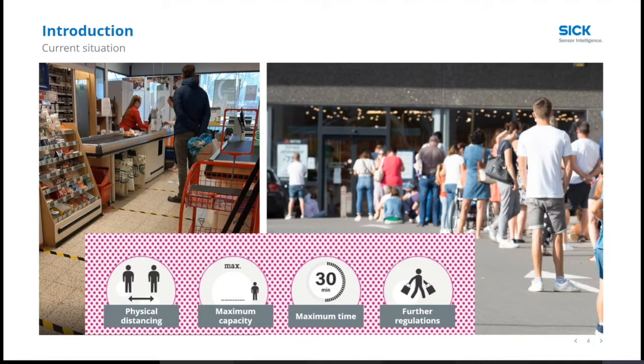But to actually enforce it, you end up having somebody sit out there with a counter or a piece of paper and a pencil, trying to figure out how many people are in there. It's a pretty complex thing to actually implement when you're talking about maybe 100 people or 200 people in a building. So we basically have developed a solution that makes that process a little bit easier.